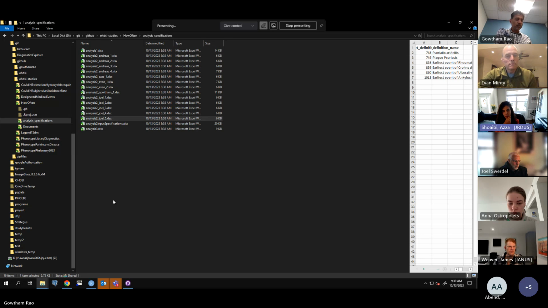So I do wonder if maybe we need to take one phenotype for each of the four main analyses that Gowtham went through, maybe break out into groups, and use cohort diagnostics and PheValuator to review. On Saturday, we're not going to have enough time to do that, but maybe we can either do one as a group and then break into groups to create the work stream to continue after.